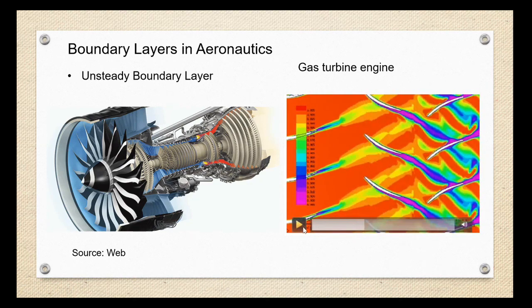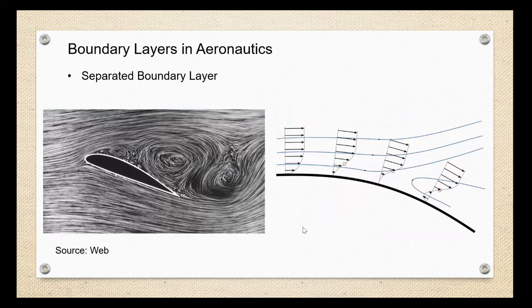Okay, so next is a separated boundary layer, and this happens when the opposing pressure force is so large, because of high angle of attack, that the boundary layer cannot stay attached to the surface, and it in fact separates from the surface.